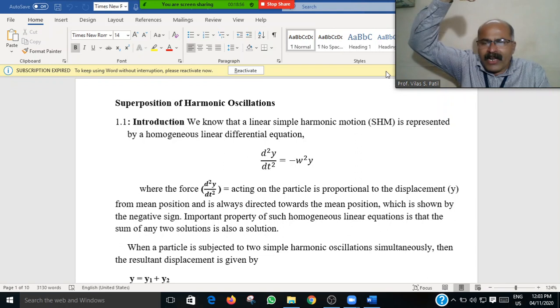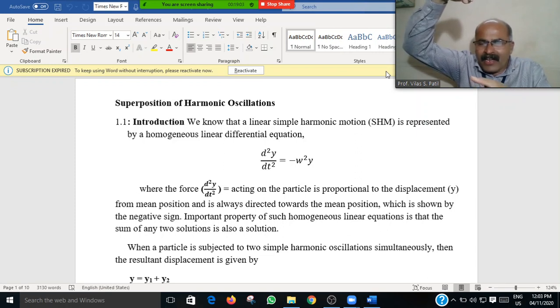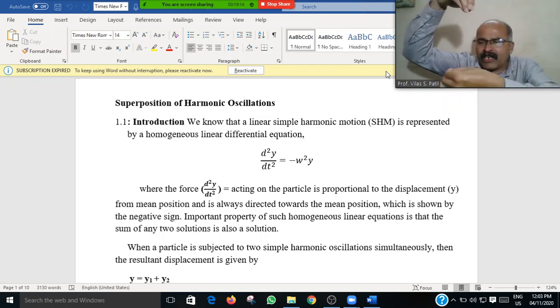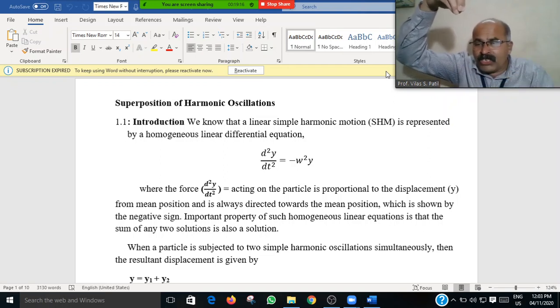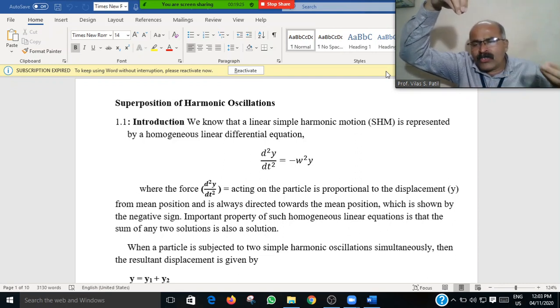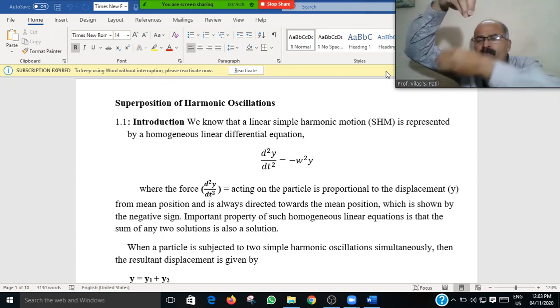If it is stable at the mean position, and we apply a force, pull it to one side and release it, then the simple pendulum can oscillate about the mean position. That oscillatory motion is the to and fro motion, meaning about the mean position the oscillation will be to and fro.